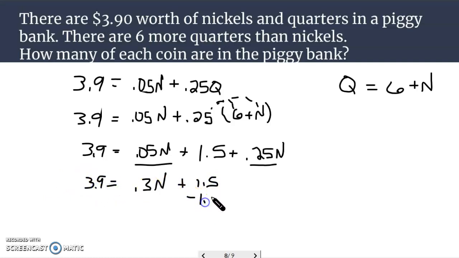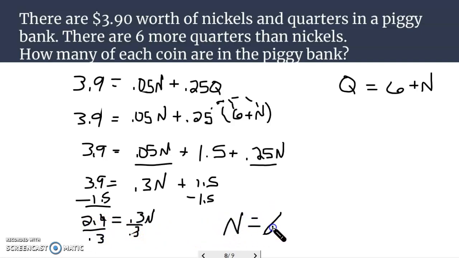I'm going to take away 1.5. Alright, 3.9 minus 1.5, 2.4. Then we'll divide by 0.3. 2.4 divided by 0.3, N is equal to 8. That tells us 8 nickels.